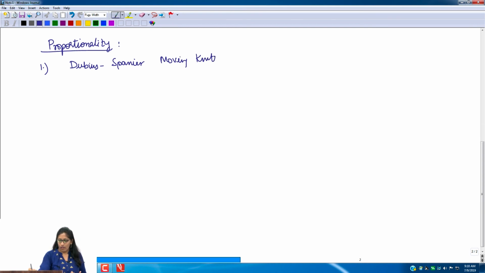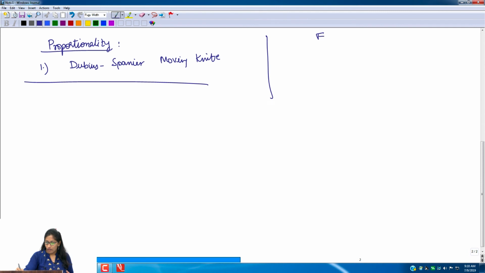Then we moved on to envy-freeness, and we saw that it's not as tractable as proportionality. The very first algorithm we saw, for just two agents, was the cut and choose protocol.